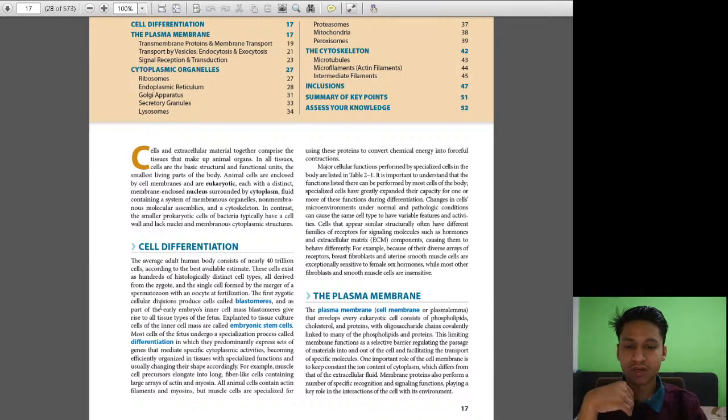The first zygote cellular divisions produce cells called blastomeres, and as part of the early embryo's inner cell mass, blastomeres give rise to all tissue types of the fetus. Explanted to tissue culture, cells of the inner cell mass are called embryonic stem cells. So we have a sperm and an ovum, they undergo fertilization, and a zygote is formed.